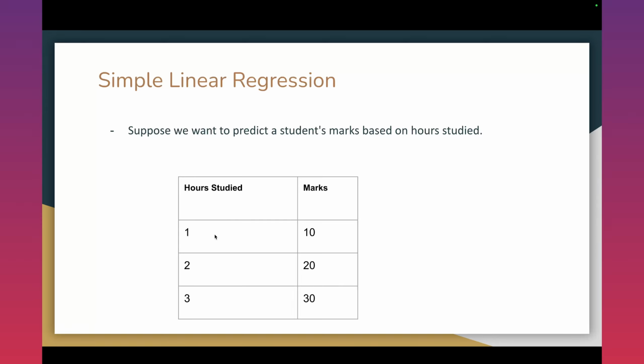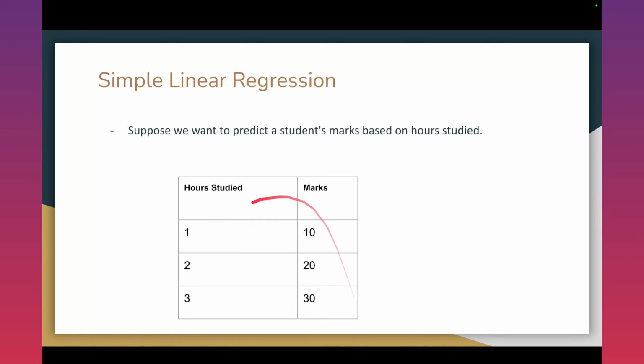If you remember in our machine learning fundamentals part, Harish explained a movie recommender system where we were trying to predict a similar movie whenever a new user signed up. Here our goal is a little different. What we want to predict is, if a new data point comes, say instead of 1 to 3 hours, a student studies for 5 hours, then what are his corresponding marks? That's the goal we want to predict.